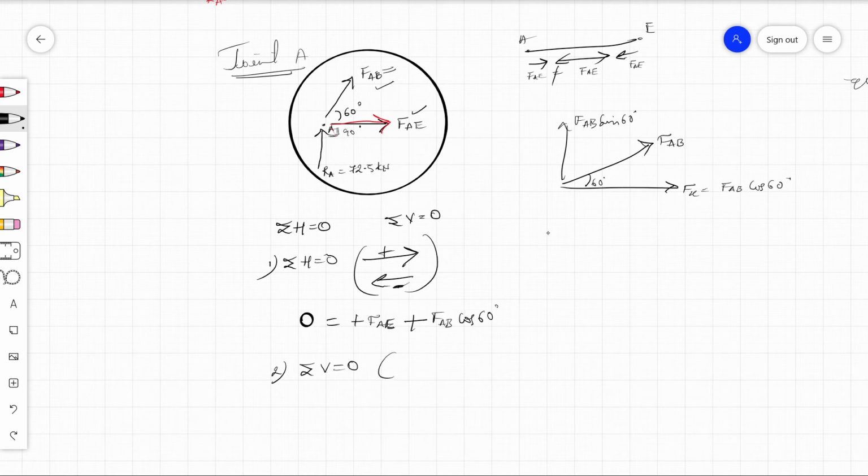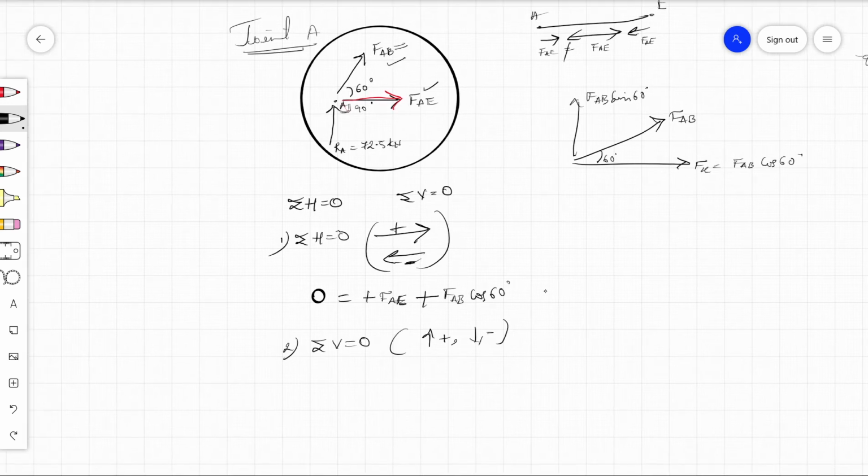Let us take upward force as positive and downward as negative. In this case, what upward forces do you see? One is RA, which is positive. The value of RA is 72.5 kilonewton, plus FAB's y component, that is FAB sin 60 degrees. That's it, there is no other vertical force.